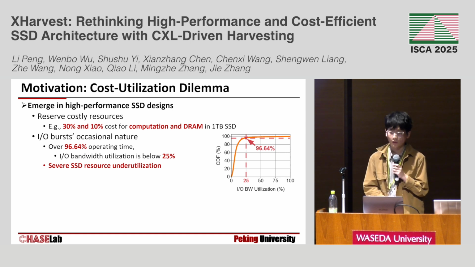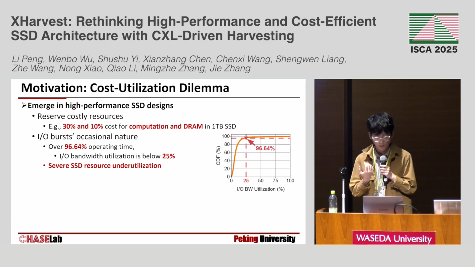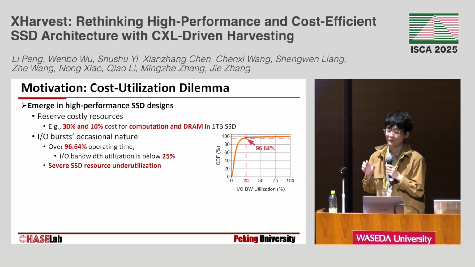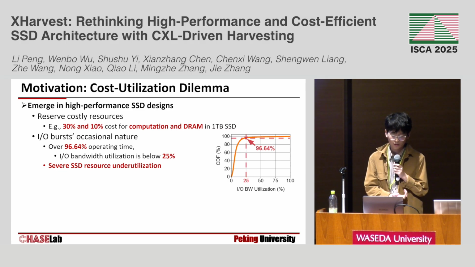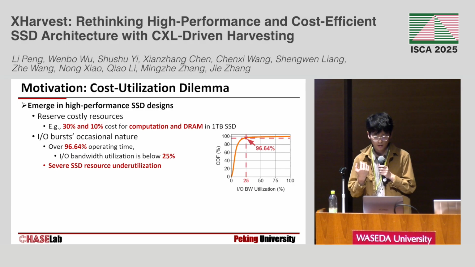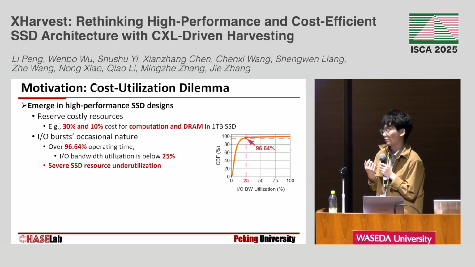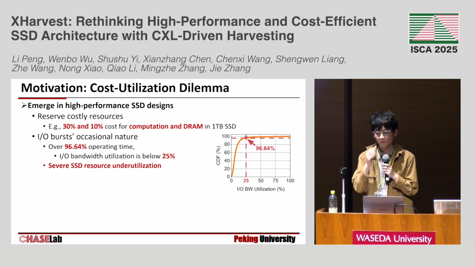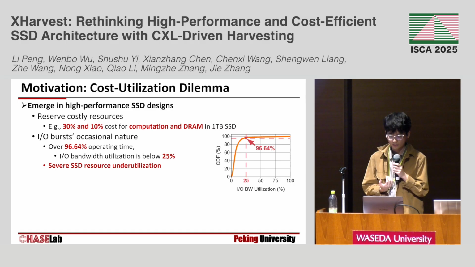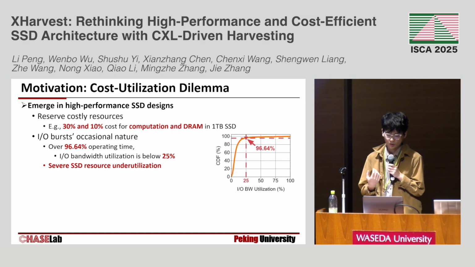For example, a long-term study in Alibaba observed that over 96% of the operating time, the I/O bandwidth utilization on their servers is below 25%, showing that the SSD internal computation and DRAM resources are often idle.